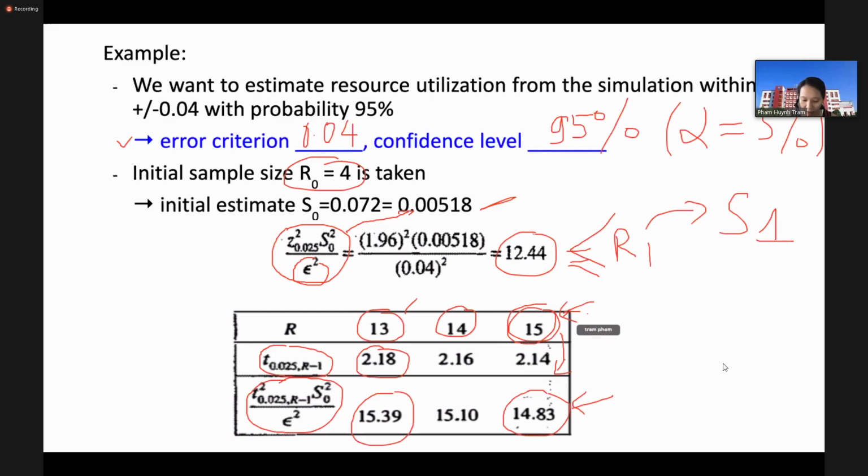As long as these two are very close, we reach the solution. So we can stop. R equal to 15 is the specific number of replications we need to run to satisfy this requirement.